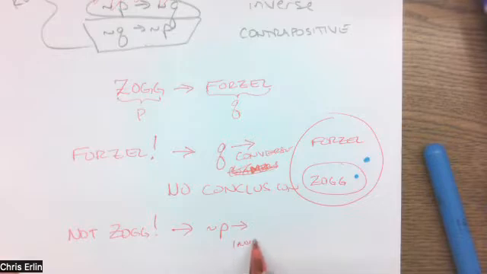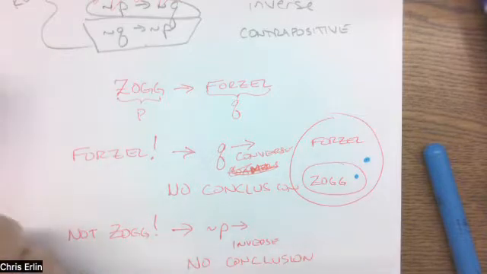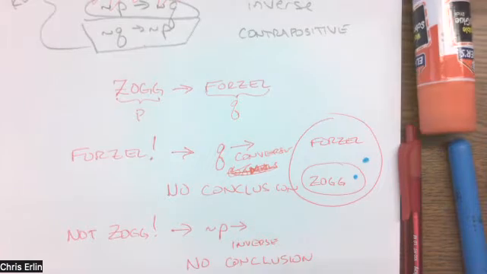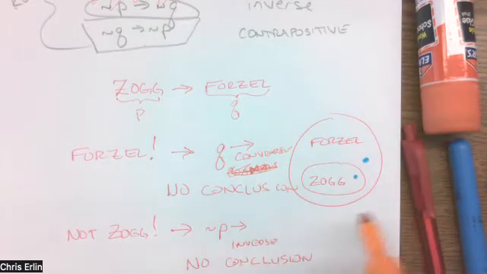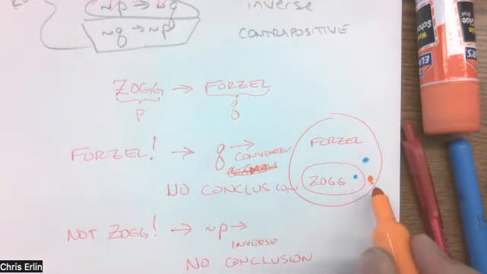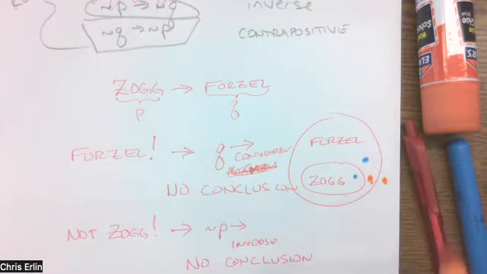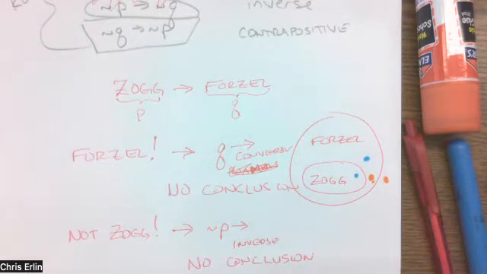Is that reliable or mystery meat? So that's not reliable. So I have to say no conclusion. Why? Well, if I were to look at my Euler diagram, when I'm not Zog, I could either be here, outside of Zog, but inside Forzel, or outside of Zog and outside of Forzel. It's unclear where I am. Thus, I cannot make a conclusion.